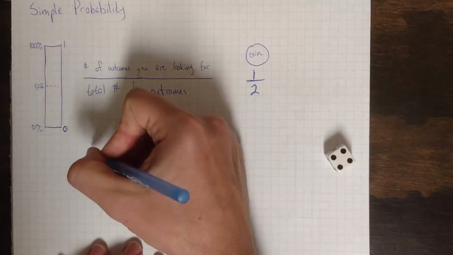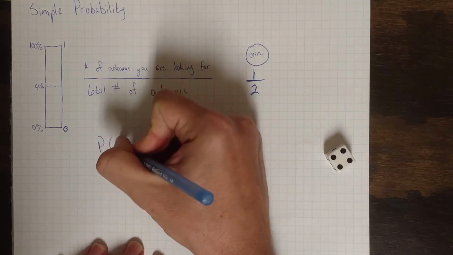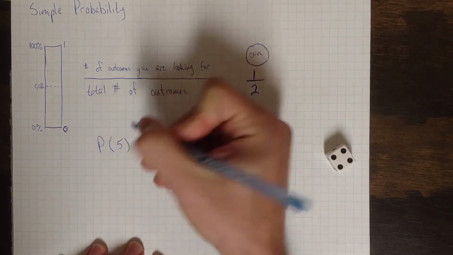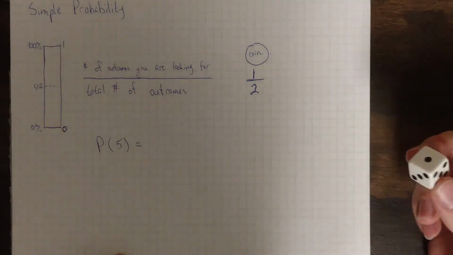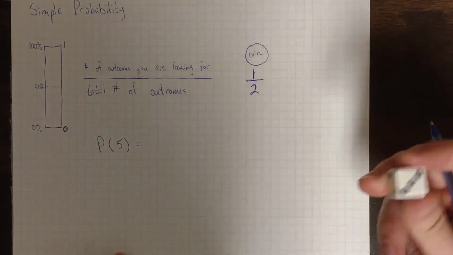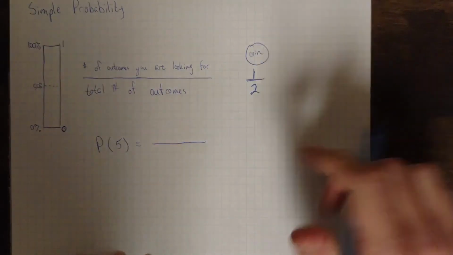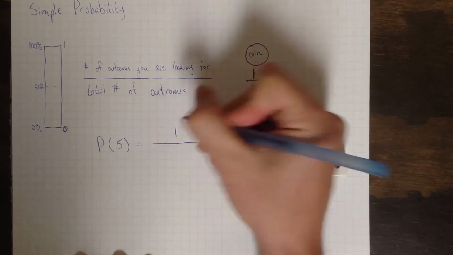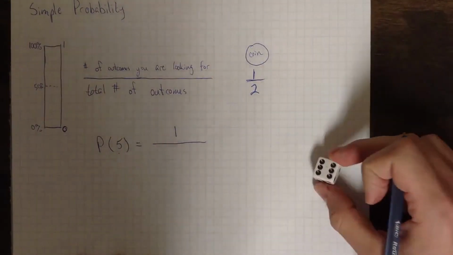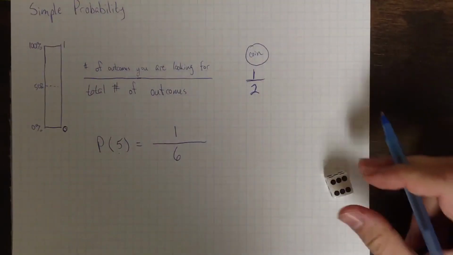So if we wanted to find the probability, and in math we just put P, the probability of rolling a 5. So I want you to think about this for a minute. What is the probability that you would roll a 5? Well, how many 5s are there on this dice? That's the number of outcomes we're looking for. We're looking for a 5. Well, there's only one 5 on the dice. How many sides are there? There are 6. So there you have it. Your chance of getting a 5 is 1 out of 6.